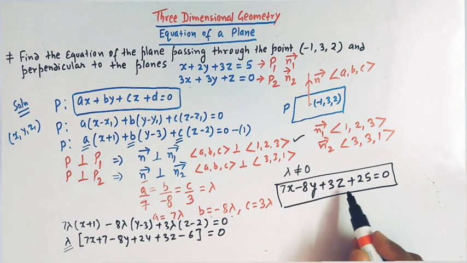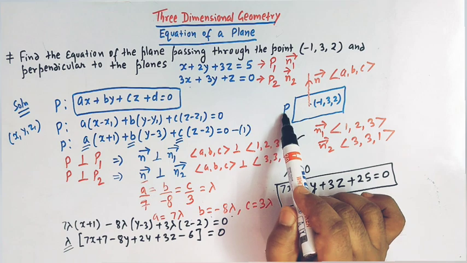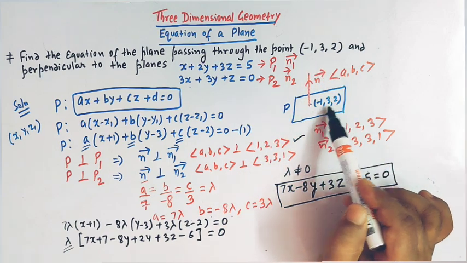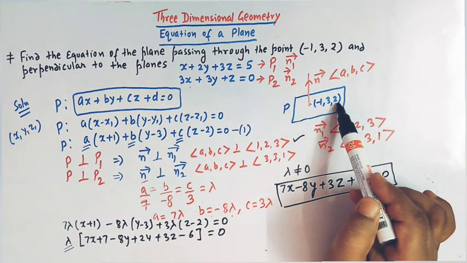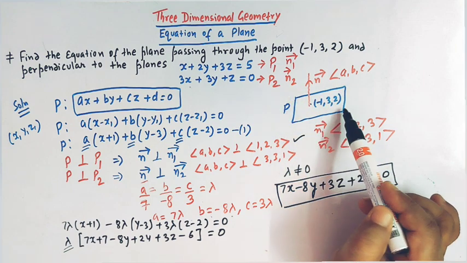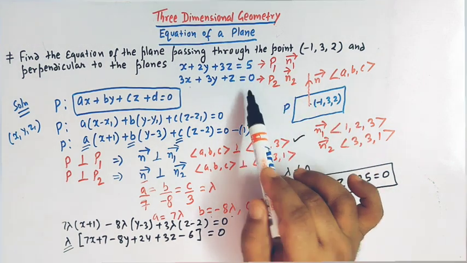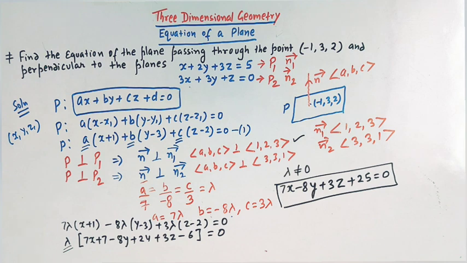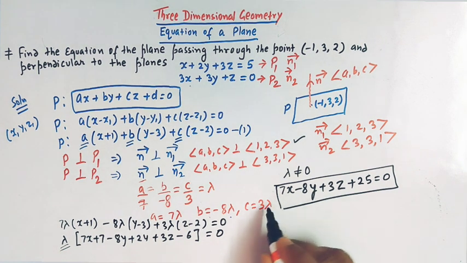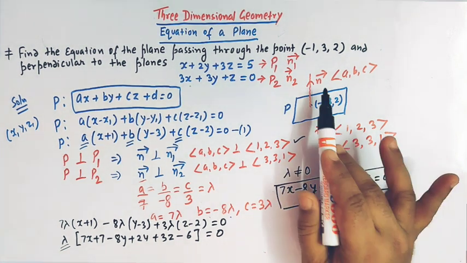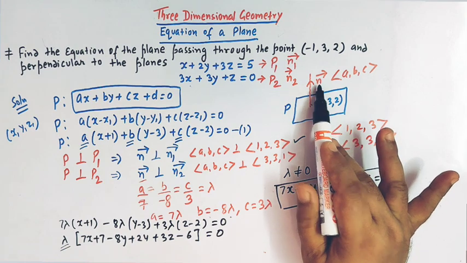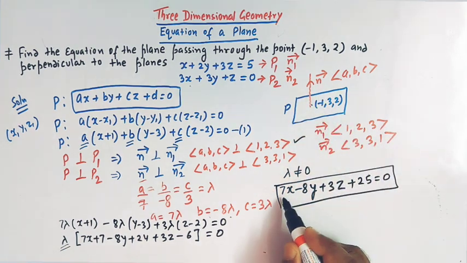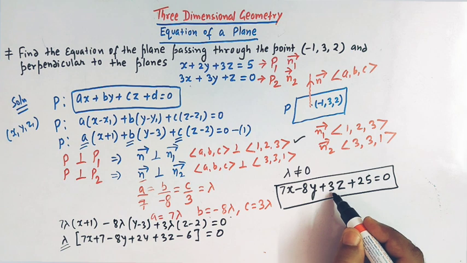So this is the required equation of this plane P, which contains this point minus 1 comma 3 comma 2, and this plane is perpendicular to these two given planes. And here we see that the direction ratios of the normal vector n to this plane P are 7, minus 8 and 3, right?